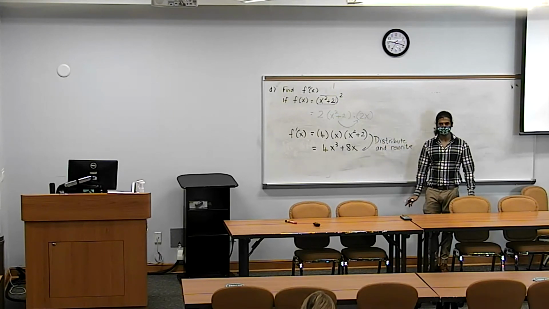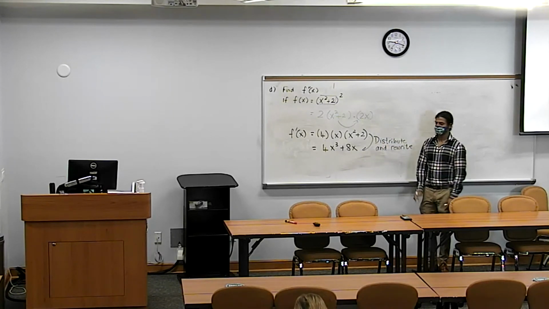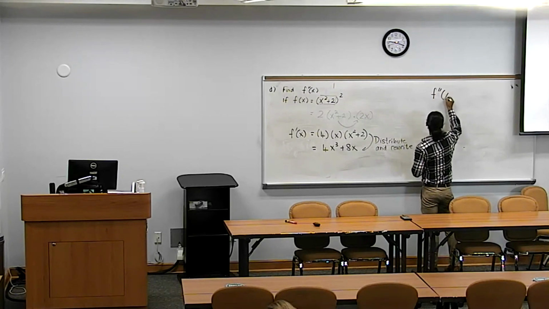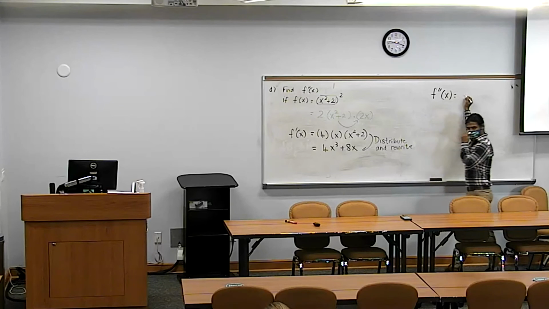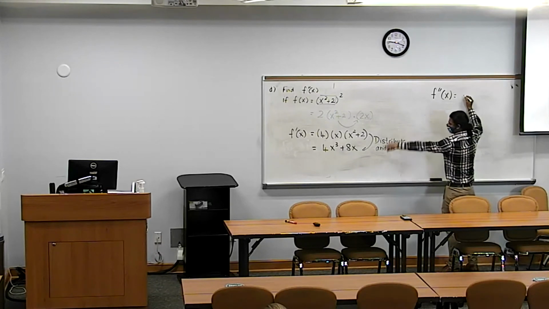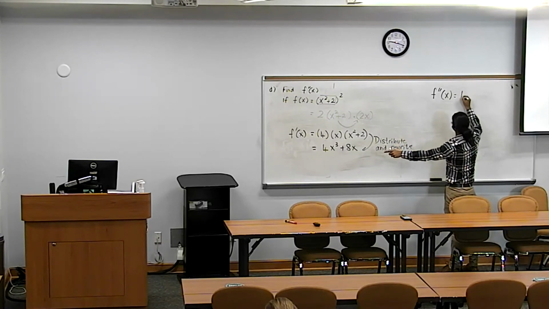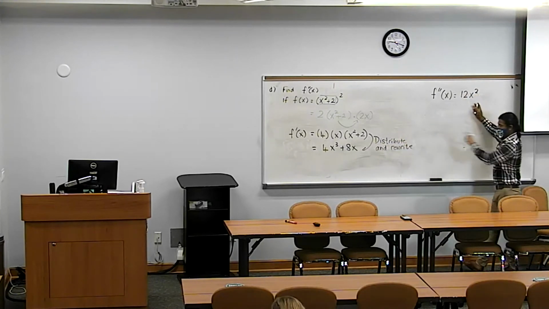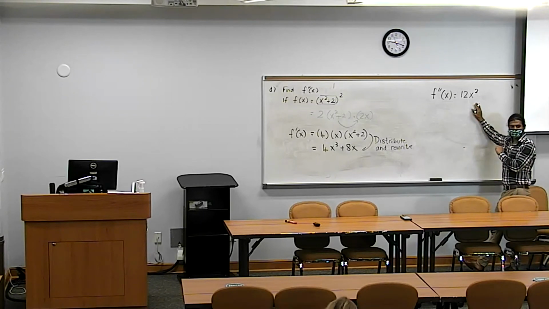Do you agree? What is the derivative of 4x cubed? 12x squared. The 3 comes to the front, so 4 times 3 would be 12. Decrease the power, so we'd have 2. What is the derivative of 8x? 8.